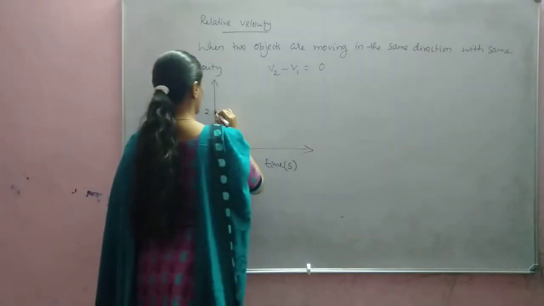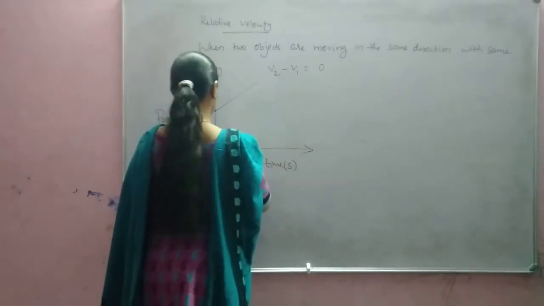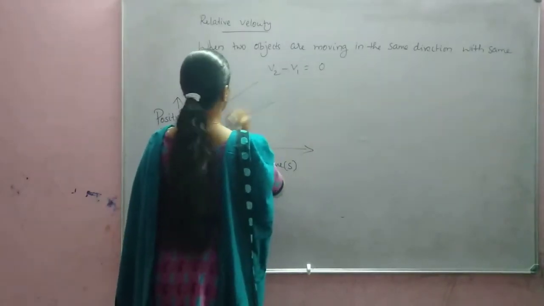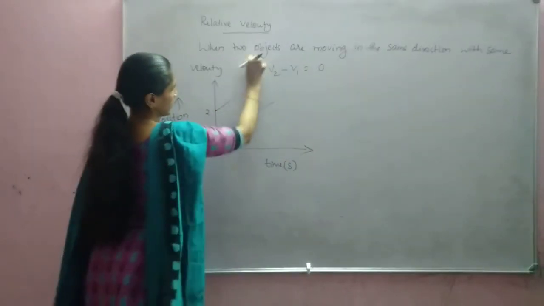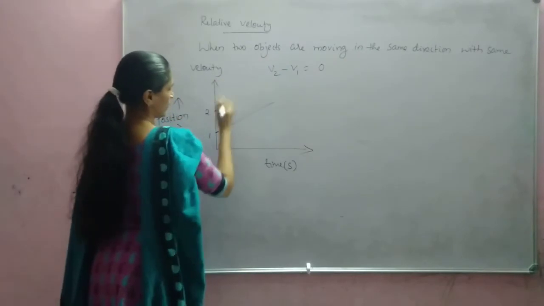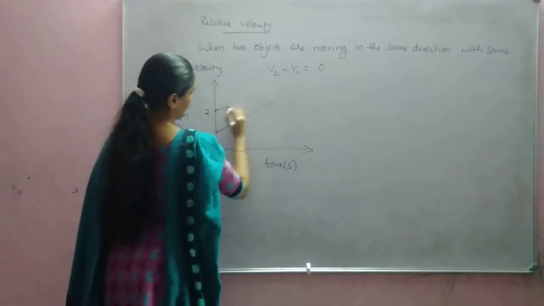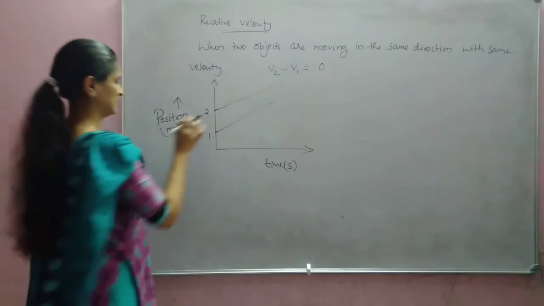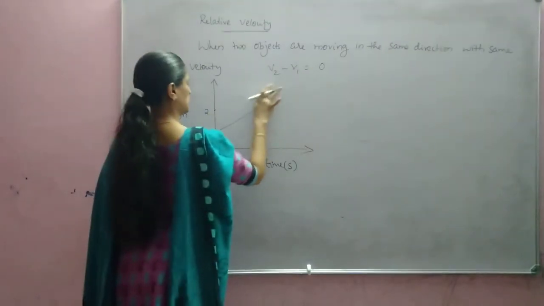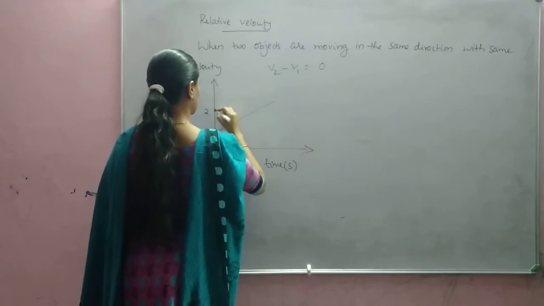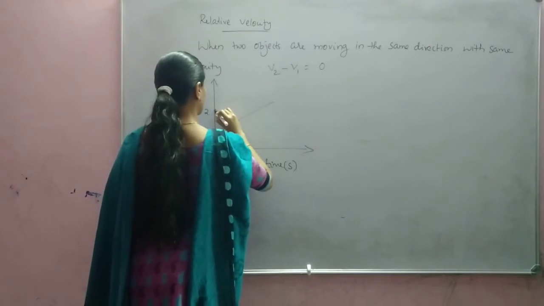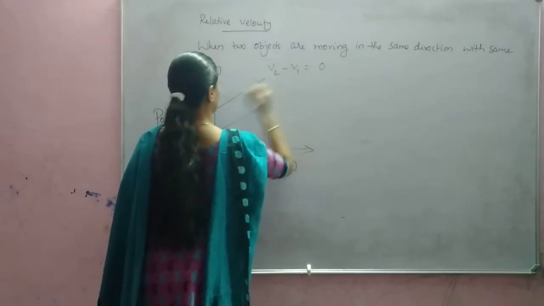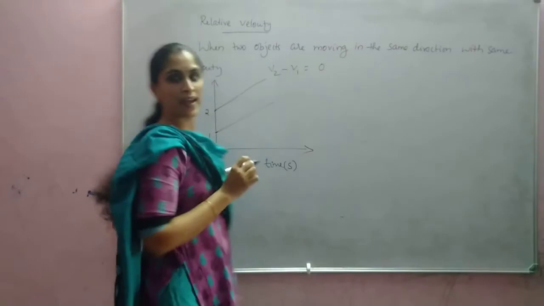So the graph will be two straight lines parallel to each other.